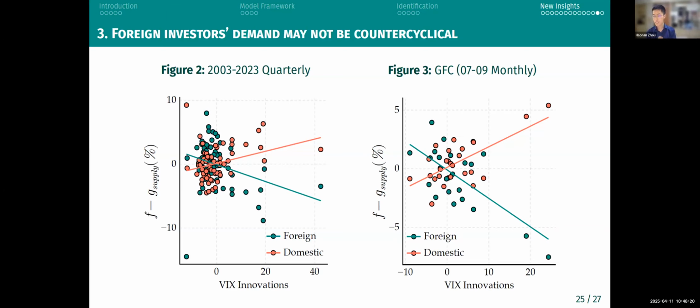And once we take into account the fact that there is a large influx of new treasury issuance during particular periods of VIX spikes, then we can see that there's a consistent negative relationship between VIX innovations and foreigners' demand, or foreigners' inflow adjusted by supply. And there's a consistent positive relationship between domestic demand and VIX innovations.